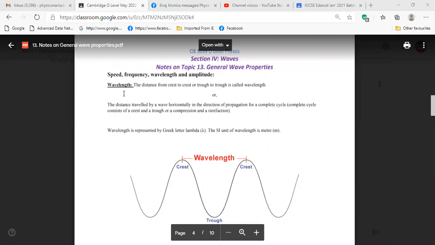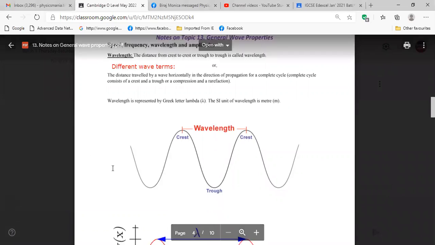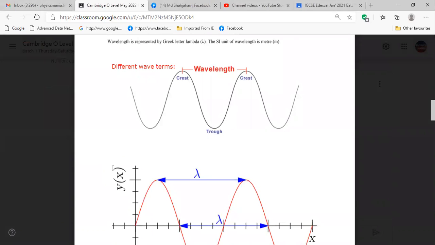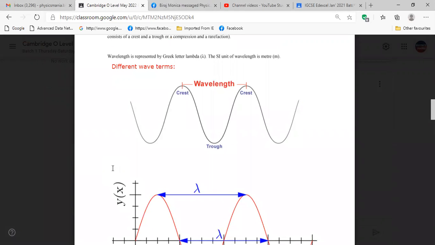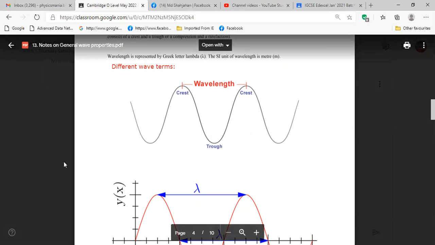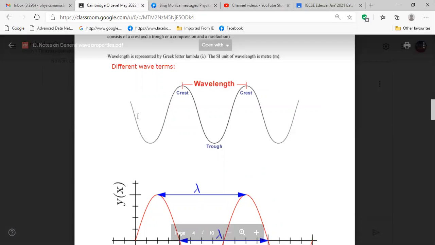We are going to learn this. First you understand, then you write. Look, here we are showing one wave.